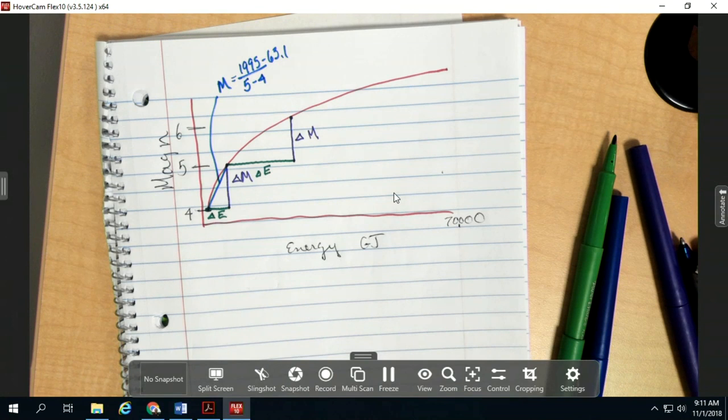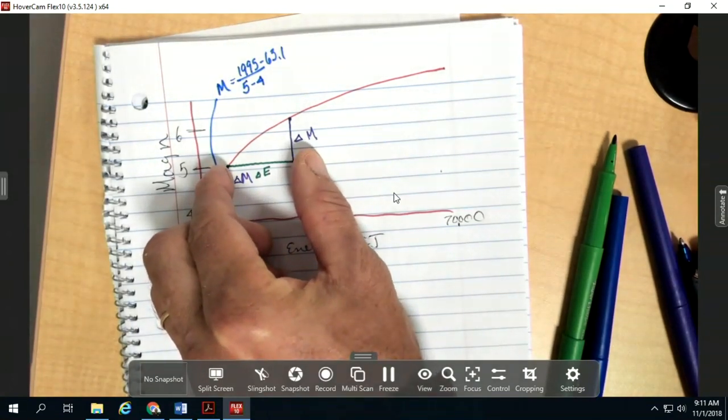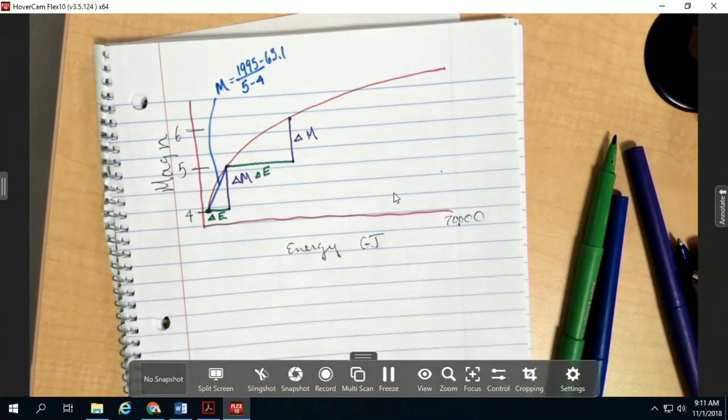Number 4, based on your answers to questions 3 and 4, determine which of the following is greater. The energy between a 4 and a 5, or the energy between a 5 and a 6? Which one's greater?